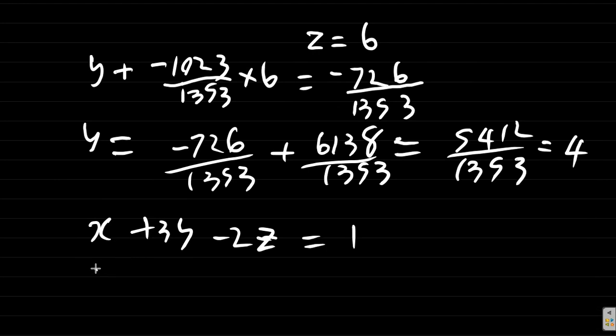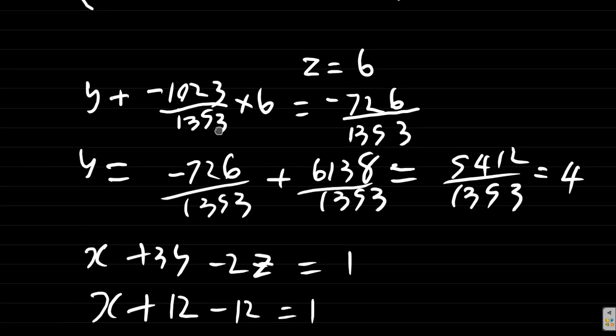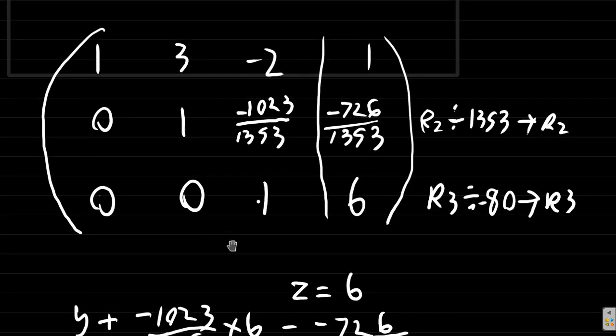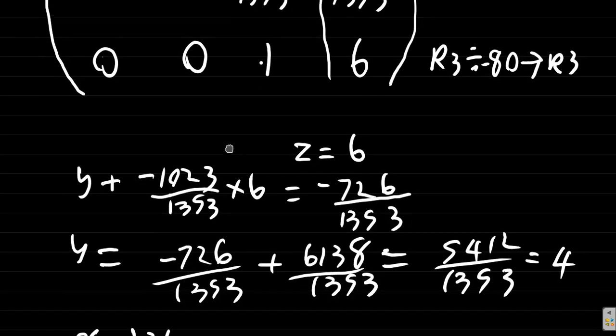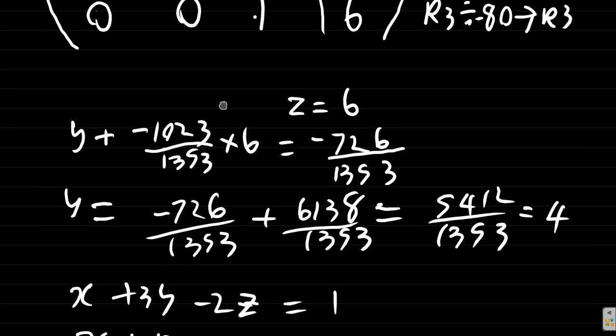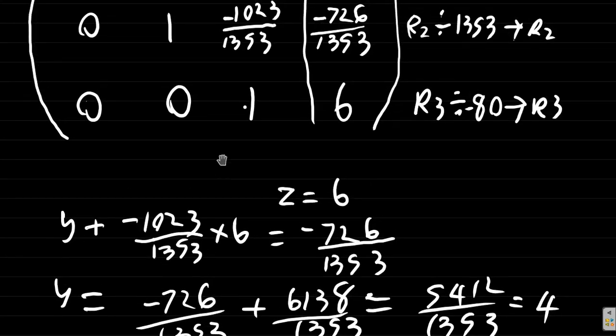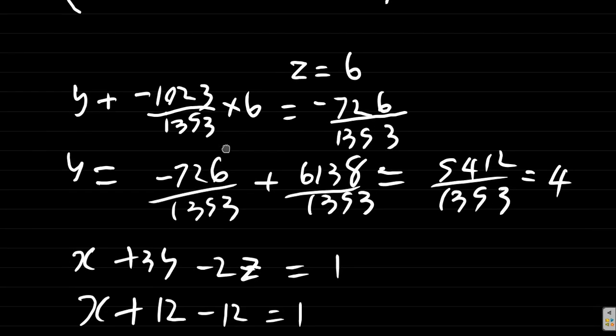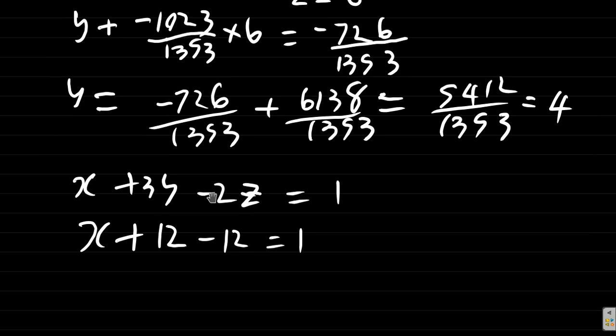So that would be x plus 3y, you know y is 4 and 3 times 4 is 12, then minus 2 times 6, because you know z is 6, 2 times 6 is 12, equals 1.